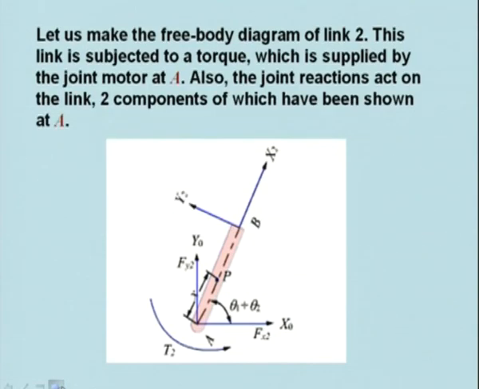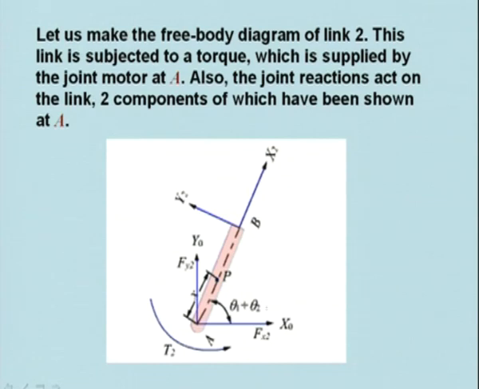Now make the free body diagram of link 2. This link is subjected to torque which is supplied by the joint motor at A. The joint reactions act on the link.